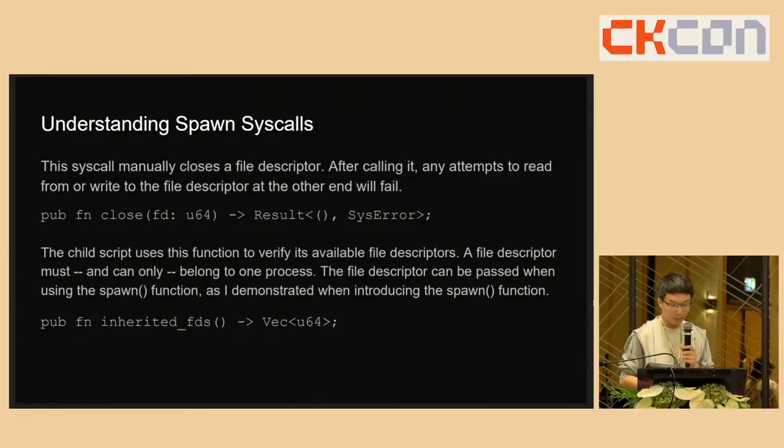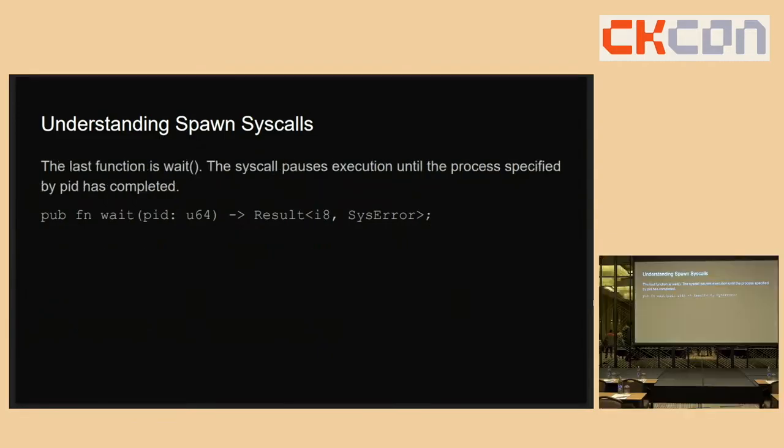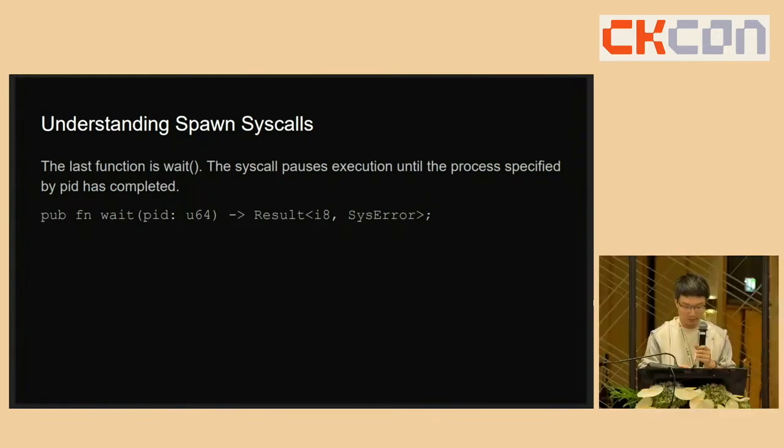The file descriptor can be passed when using the spawn function, as I demonstrated when introducing the spawn syscall. The last function is wait. The syscall pauses execution until the process specified by PID has completed.